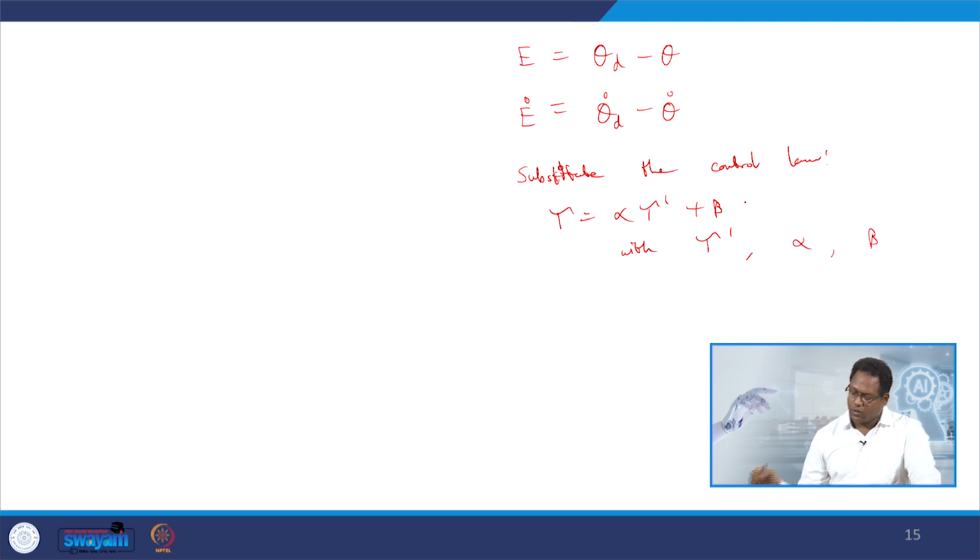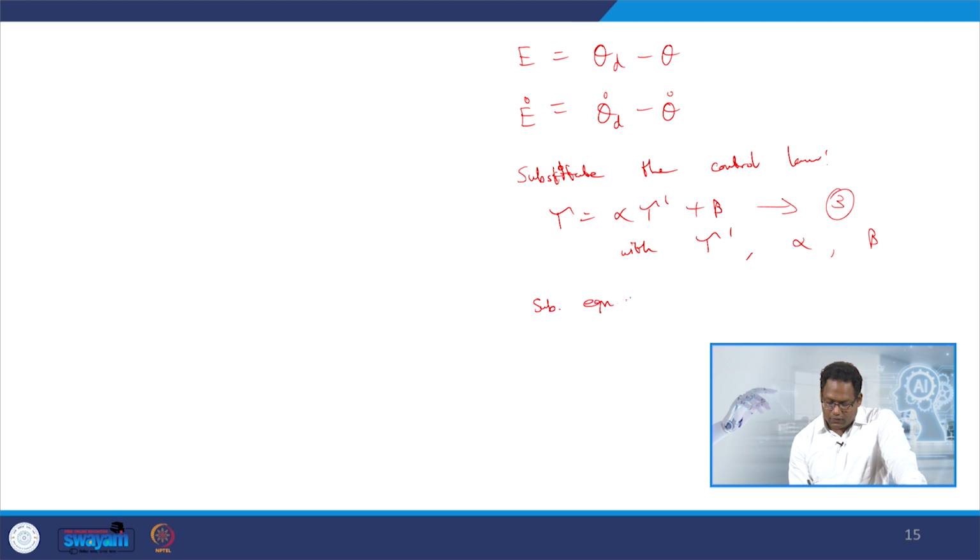Substituting back in this control law, we have one huge expression. Let that expression, with the expression of tau dash, alpha and beta substituted back into the control law, be equation number 3. Now, substitute equation number 3 back in equation 1, the system dynamics.